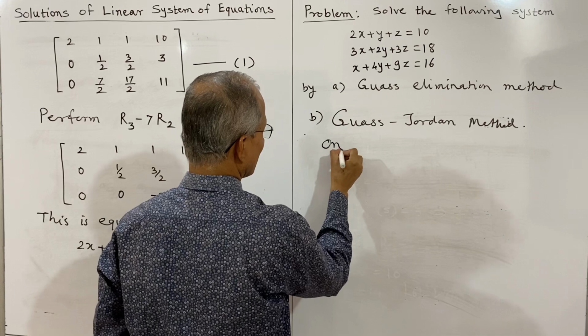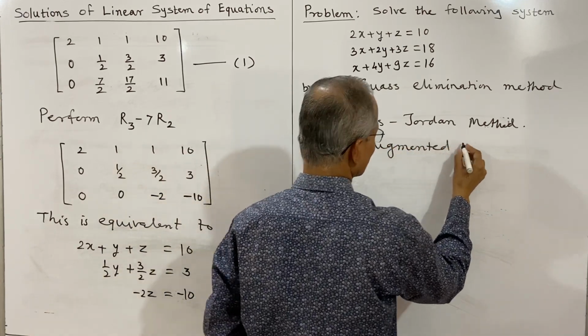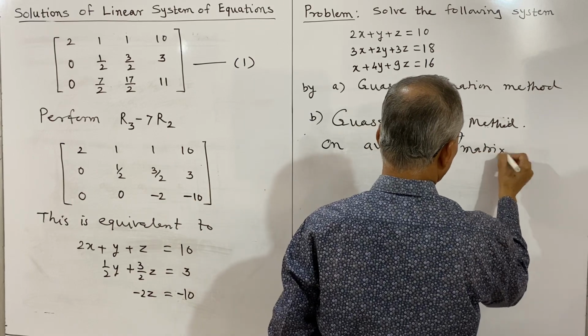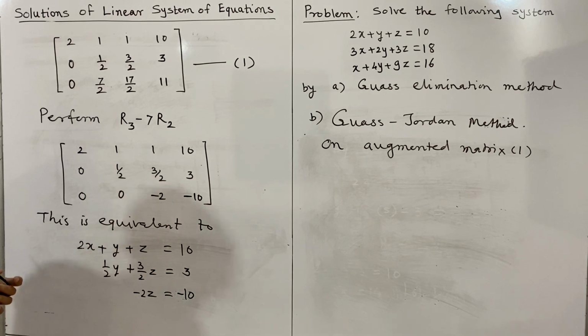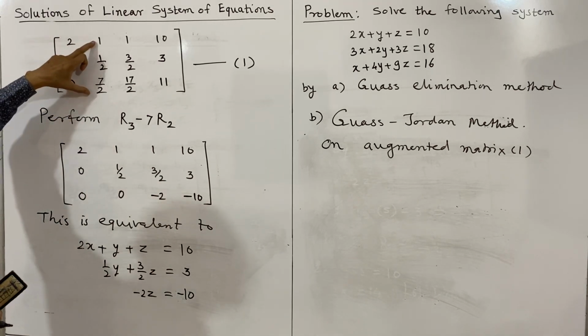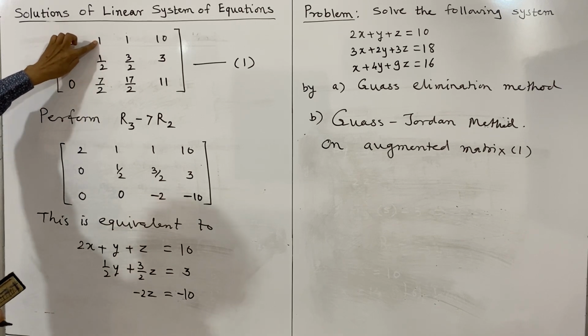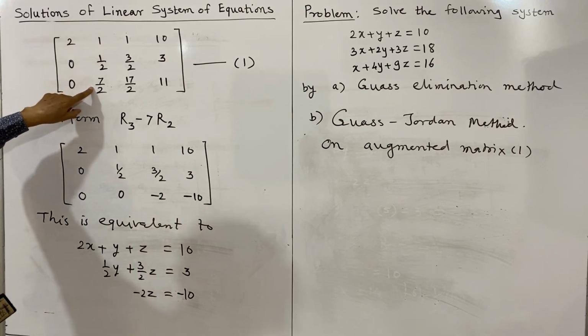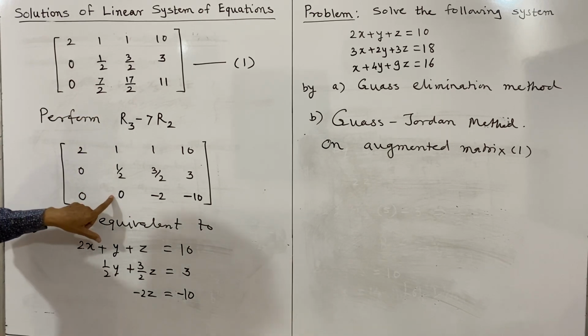on augmented matrix 1, we perform row transformation so as to eliminate x2 from first and third equation. First, that means we convert this element to 0 and this element also to 0. And already we have done this step here in Gauss elimination method.